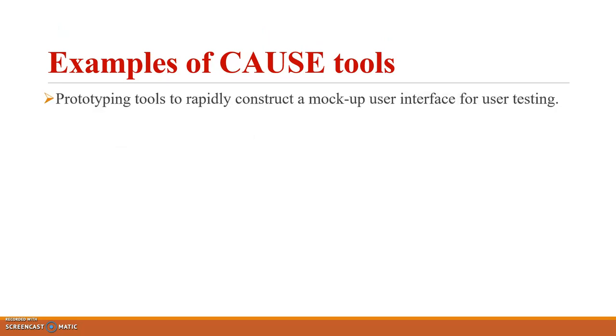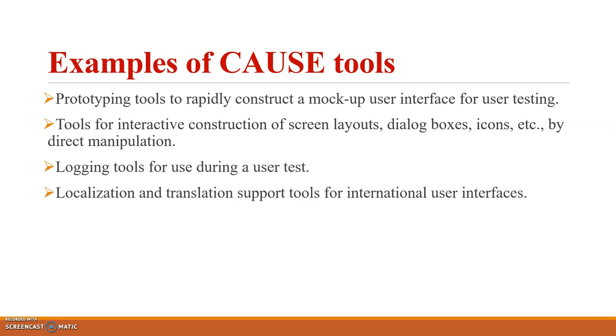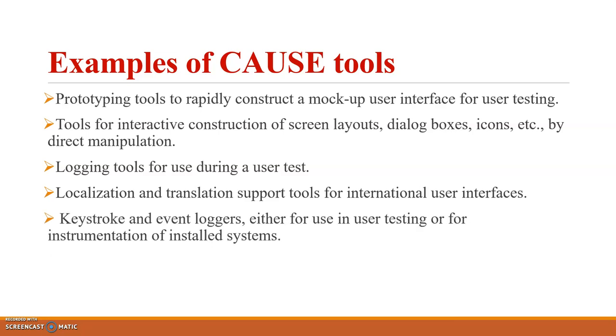Examples of COTS tools: prototyping tools to rapidly construct a mock-up user interface for user testing, tools for interactive construction of screen layouts, dialog boxes, icons by direct manipulation, logging tools for use during user tests, localization and translation support tools for internationalization of user interfaces, and the last one, keystroke and event loggers, either for use in user testing or for instrumentation of installed systems.